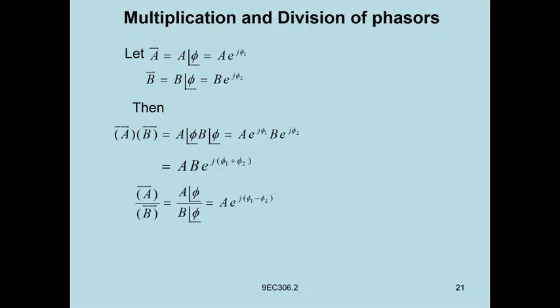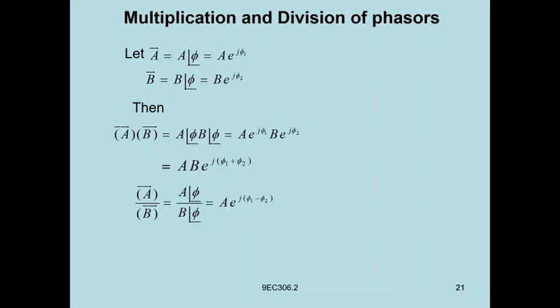Similarly, we can divide these phasors. So A by B, phasor A by phasor B is equal to A at an angle of phi 1 by B at an angle of phi 2. This can be represented as A e to the power of j phi 1 divided by B e to the power of j phi 2.